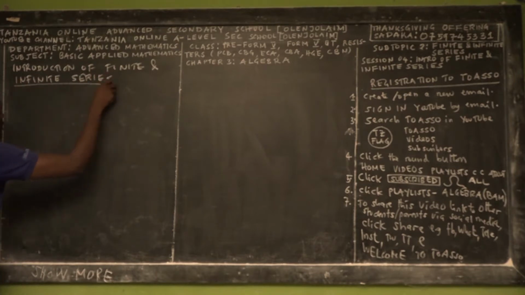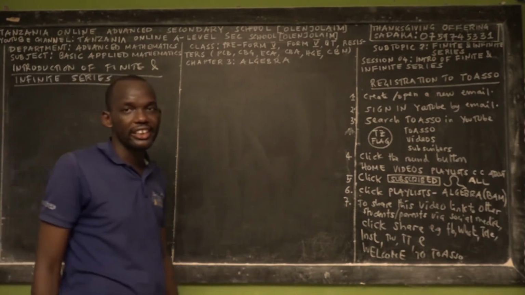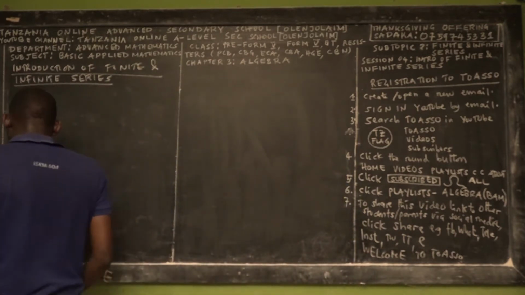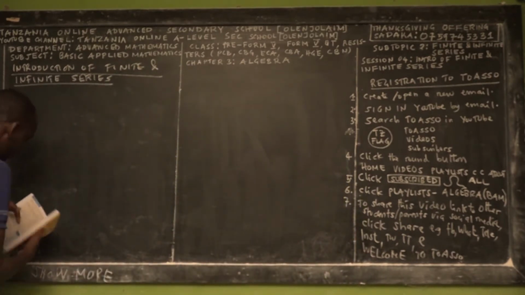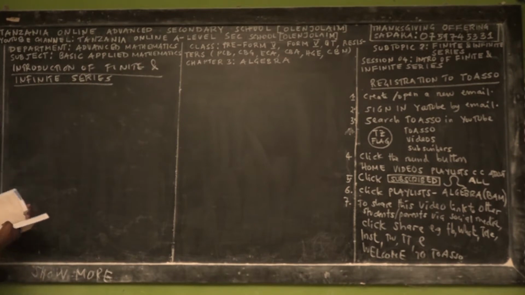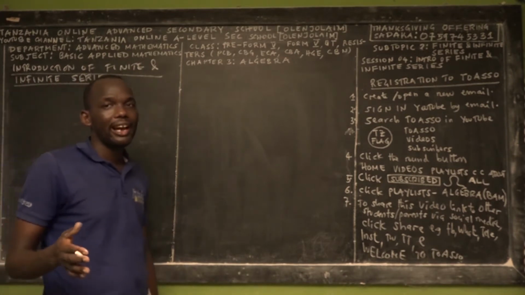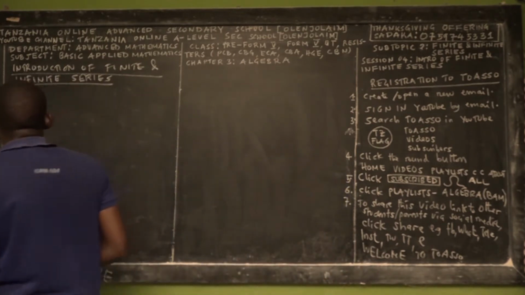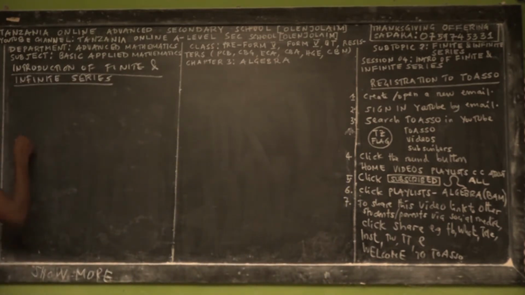This is not the first time you hear about finite and infinite series. We taught you the fifth topic of basic mathematics form 3, called sequence and series. Before we go into series, many students are used to confusing series and sequence. So let us start with sequence first.